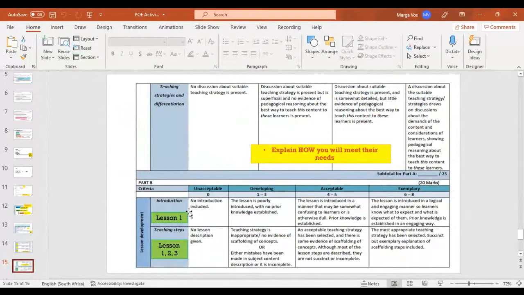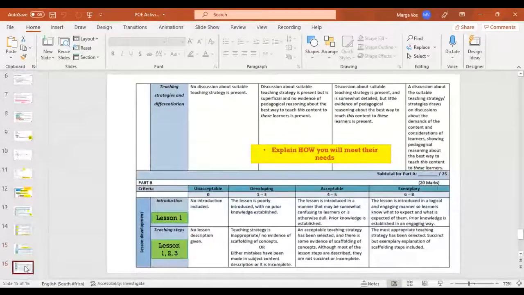So in your introduction for each lesson, you will have an introduction. So for lesson 1, you will need an introduction. Then you also need teaching steps, because you need a teaching strategy to explain the concept to them.